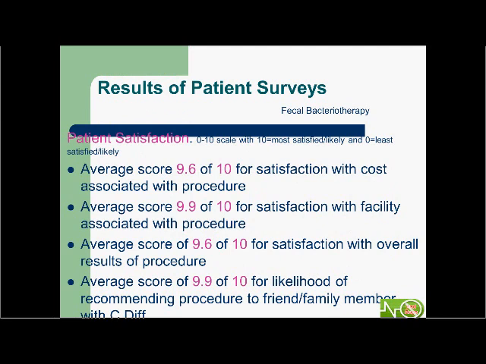Now, the patient satisfaction, this is an amazing part of the whole survey, where patients were satisfied with the costs of the procedure, which at this point there are no codes available for, and essentially the costs associated with it are the outpatient and radiological procedures, and also testing costs for the donor stool that vary with different labs.